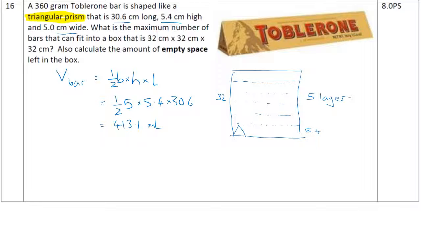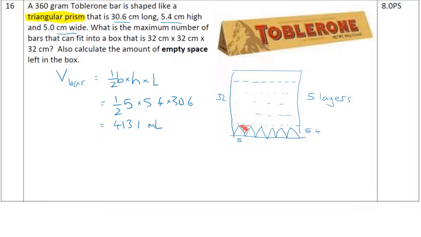So how many can I fit in a layer? I know that they're 5 wide. 32 is greater than 30, so I can fit 6 bars across. So far I've got 5 layers of 6 bars, which would be 30 bars in a box. But there is a little bit of a trick here. If I've got these bars that I've already drawn like that, then I can actually fit other bars in on top, upside down, like so.